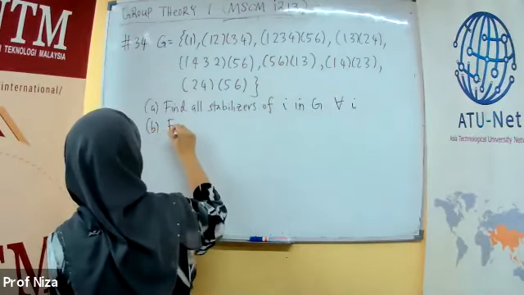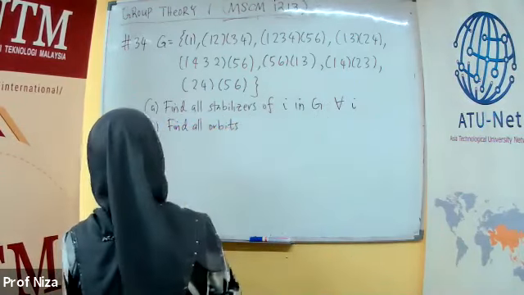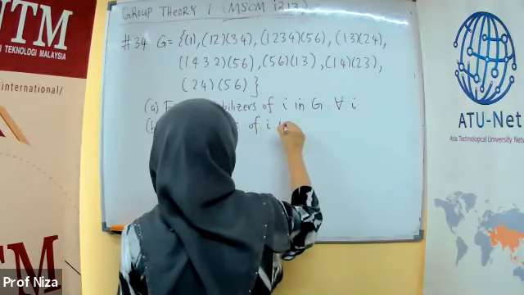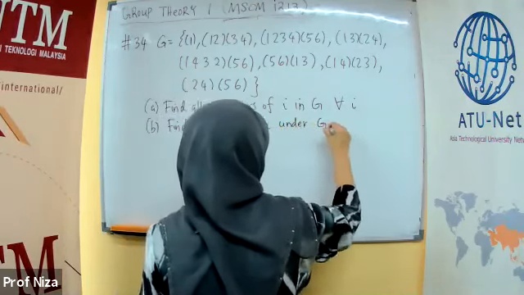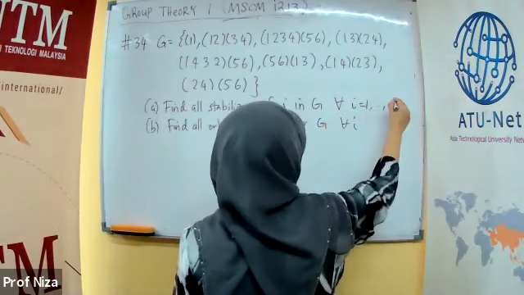B, find all orbits of i under G. This is under S6, right?